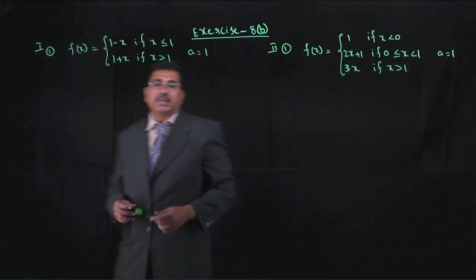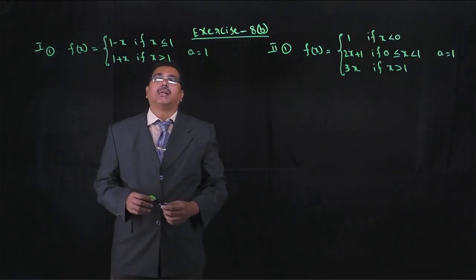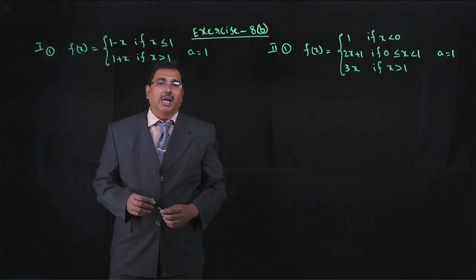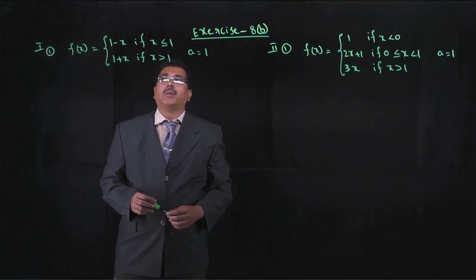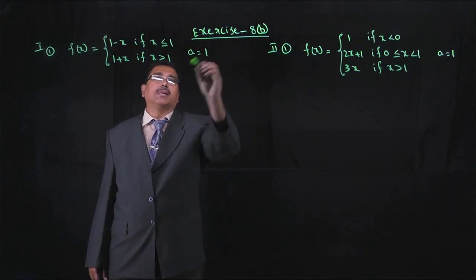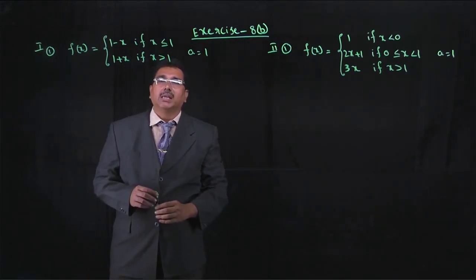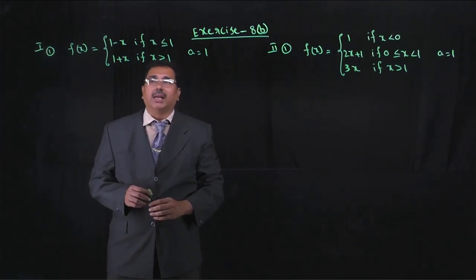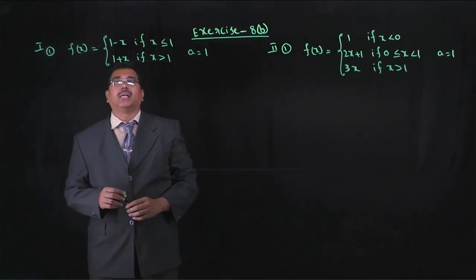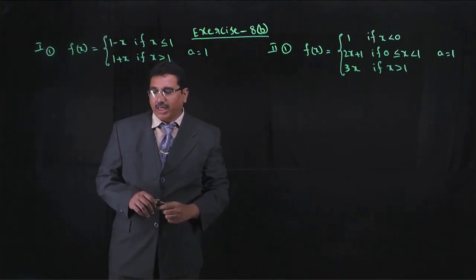Now this is exercise 8b. Find the right hand and left hand limits of the function at the point a equal to 1. How to find the left hand limit and right hand limit of the given function at the given point?